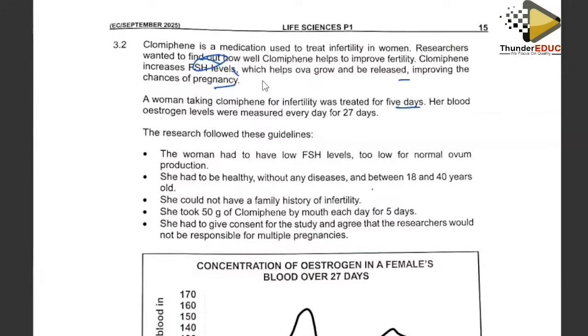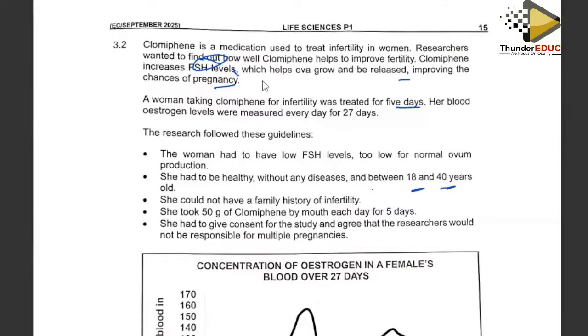The research guideline: the woman had low FSH levels, too low for normal ovum production. She had to be a healthy woman without disease, aged 18 to 40. Those are questions we're going to be asking you.